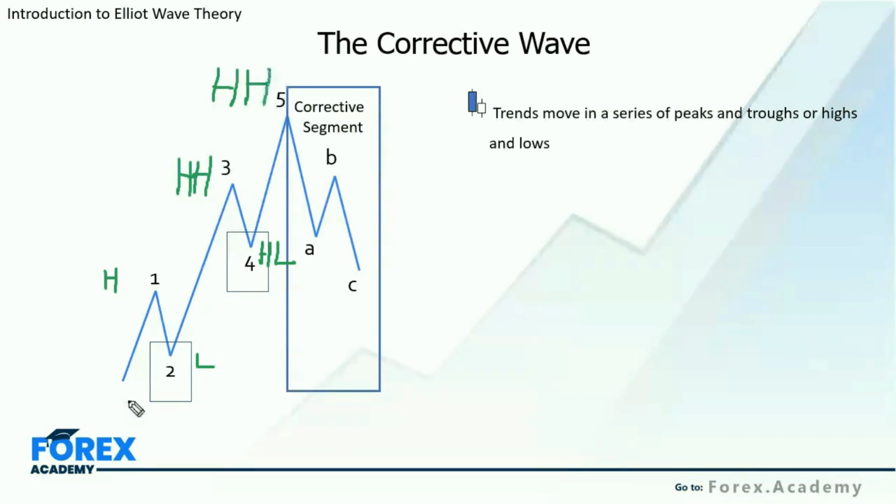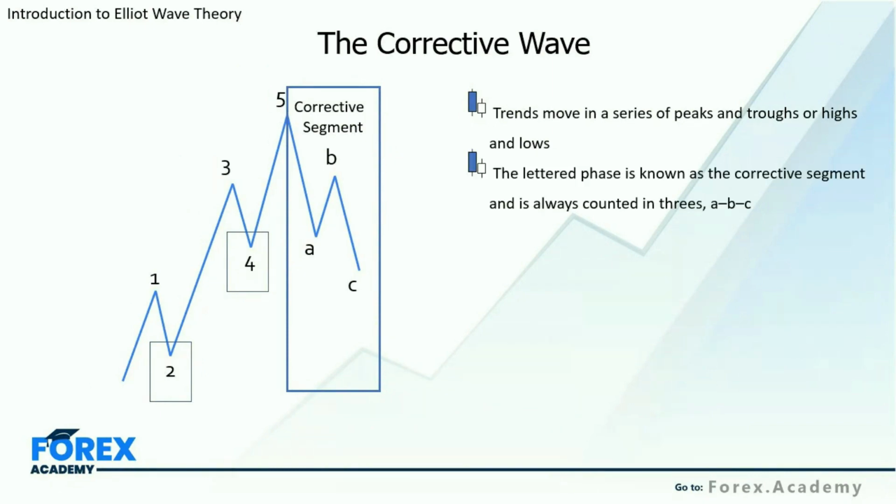So as price drives to the upside in phase 1, up to phase 3, and up to phase 5, the corrective wave actually focuses at the parts of the wave which result in prices pulling back. So we also have the lettered phase, which is known as the corrective segment, and is always counted in 3s.